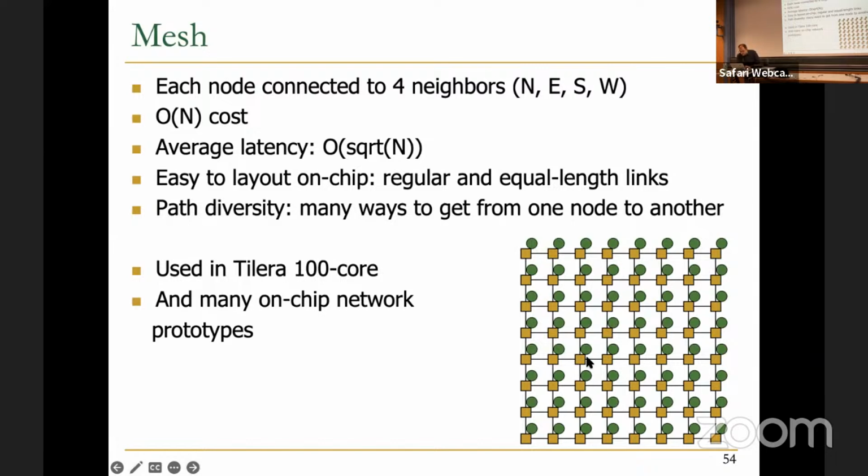Or for example, if you want to send this packet to this node, then you have more paths. You can go X, Y, X, Y. You can go Y, X, Y, X, or many other permutations. But all of these are shortest paths, right?